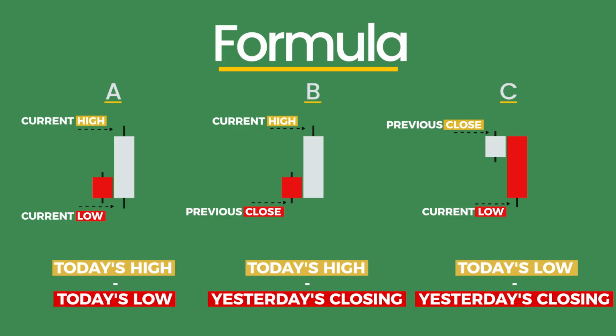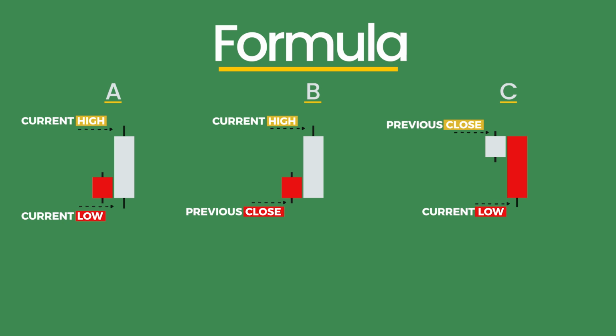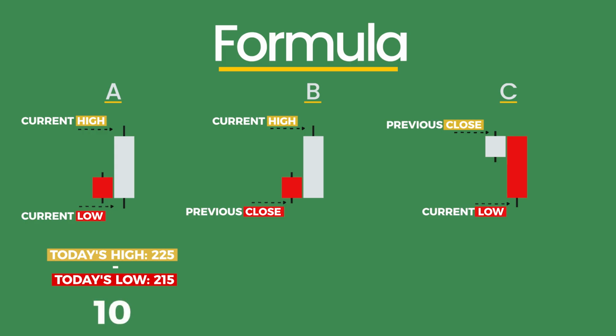Let's take an example to explain this. Let's assume that today's high was 225 and today's low is 215. The first condition, current high minus current low, is 225 minus 215, which is 10. The second condition is current high minus previous day close.